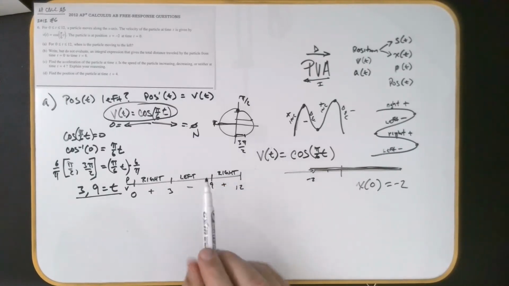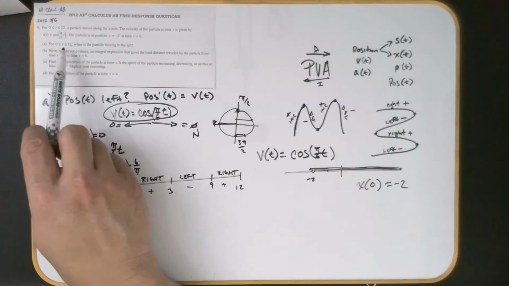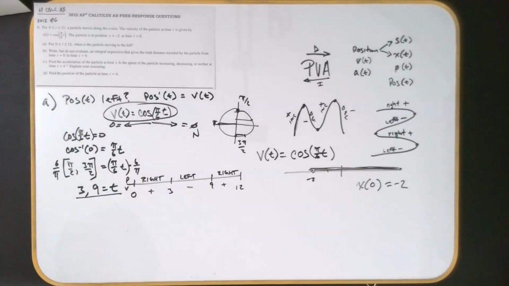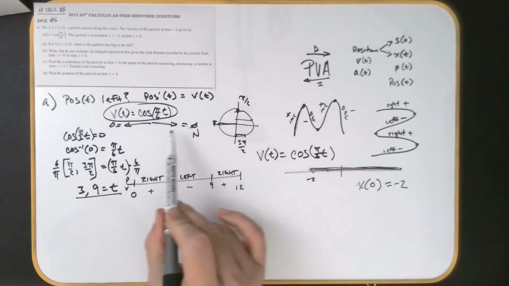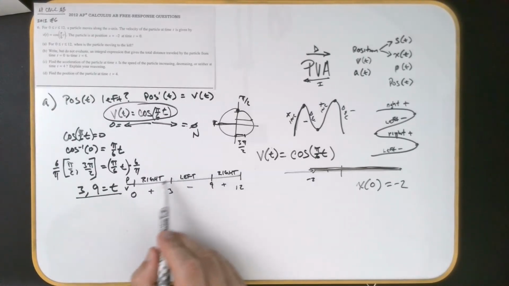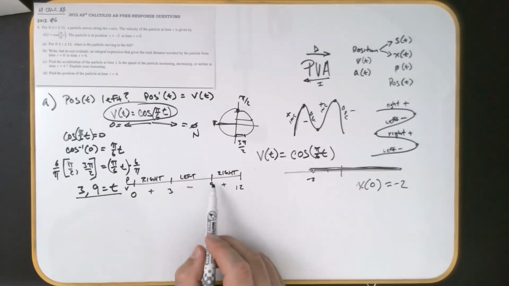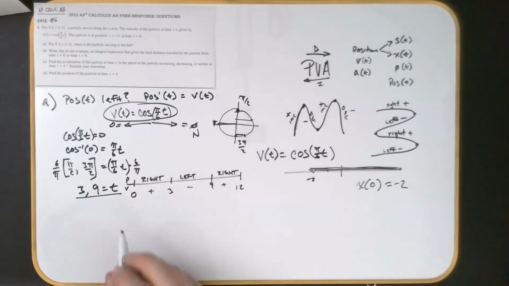So let's go back to the original question. It says, for 0 less than or equal to t less than or equal to 12, when is the particle moving to the left? Well, I've got my critical numbers, tested my intervals, and the only time it's moving to the left is between 3 and 9, because at 3 and at 9 it's actually 0. That's the critical number.